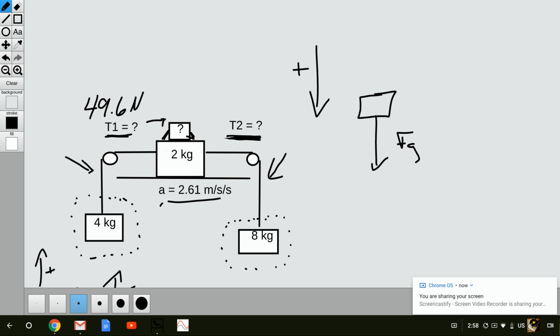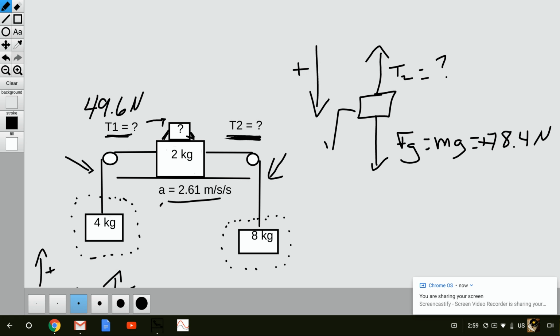So Fg equals mg, which is 8 times 9.8, and we get 78.4 newtons. In this case, that is positive because it is down. We're also going to have this T2 going up here. We don't know what that is, but we do know the acceleration is down at 2.61.